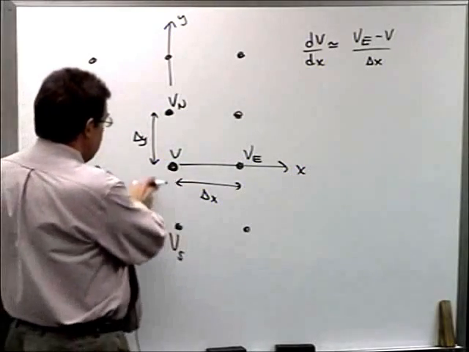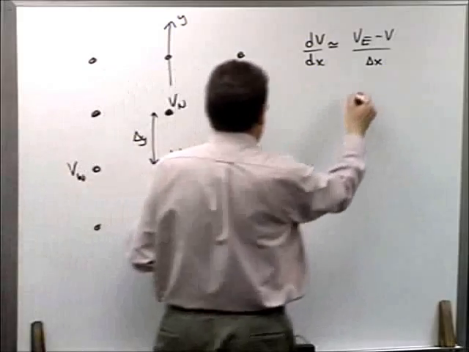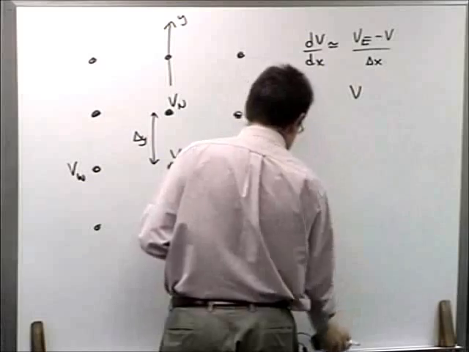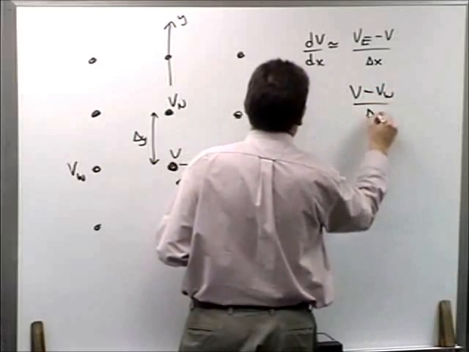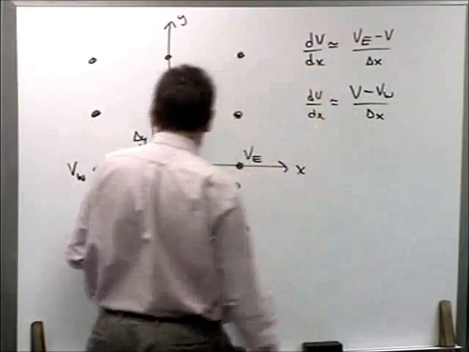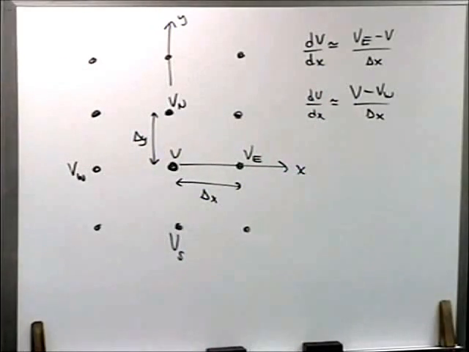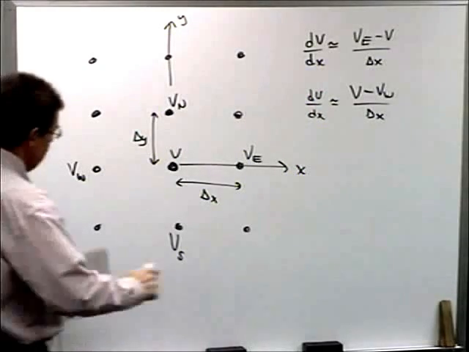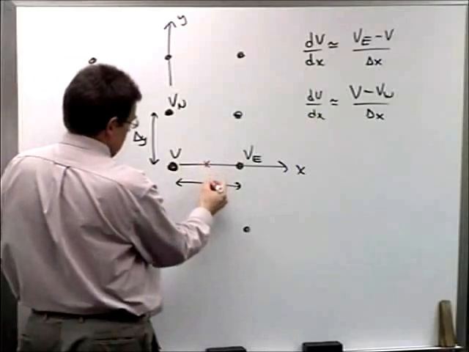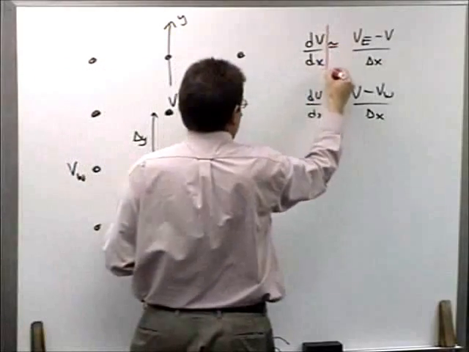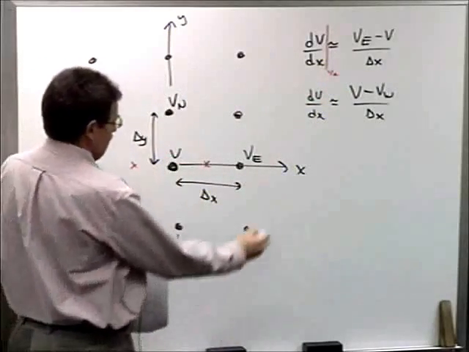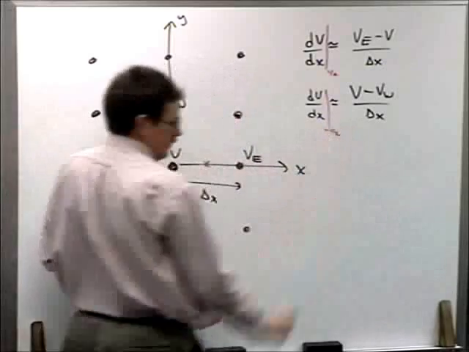If we wanted dv dx to the left, that might be v minus vw over delta x. Okay. Now, strictly speaking, if we take the derivatives this way, what we're really doing is defining them, say, halfway between these points. So this would be dv dx at, say, plus a half here. And over here, we'd be getting dv dx at minus a half.